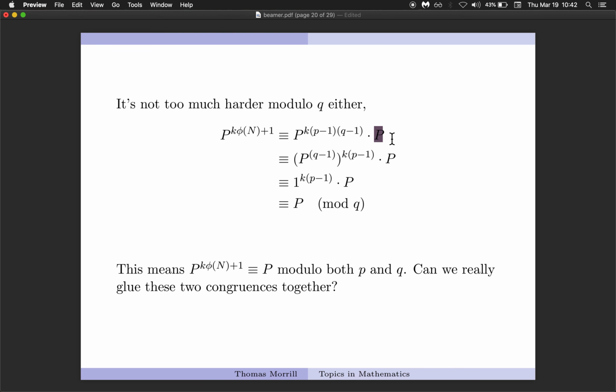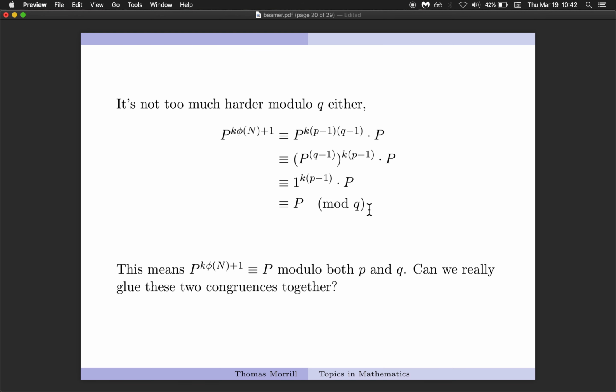I'll pull out 1 copy of the plaintext here, and here is the rest of those copies of the plaintext. And I've used the formula for phi of n. The k is staying the same, but phi of n is p take 1 times q take 1. Let me rearrange the formula to bring in the exponent q take 1. So I have P to the power q take 1, raised to this other power, and 1 extra copy of P on the outside.